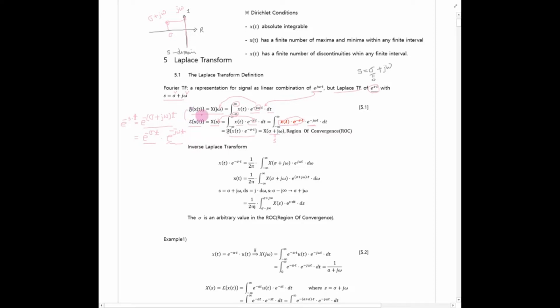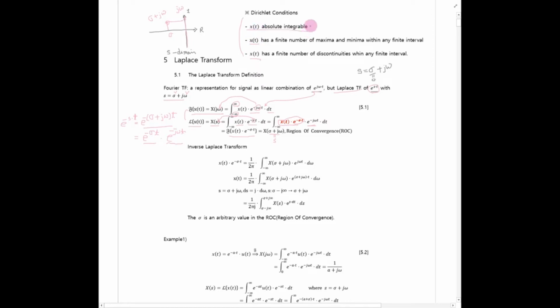At this moment, thinking about these two transforms, we already know the Fourier transform. But why do we need another transform such as Laplace? The reason is this. The existence of the Fourier transform is guaranteed by the Dirichlet conditions. The latter two conditions are usually satisfied by most signals, but some signals don't satisfy this one, the absolute integral.